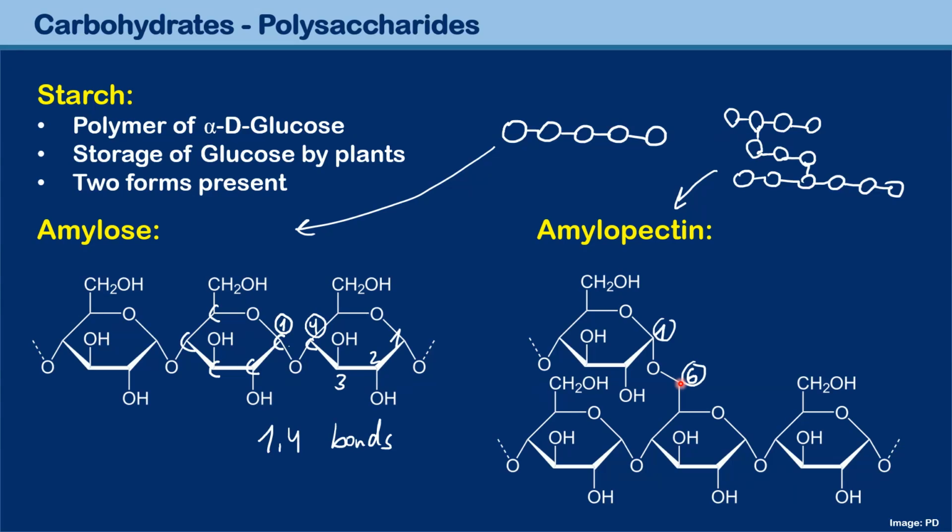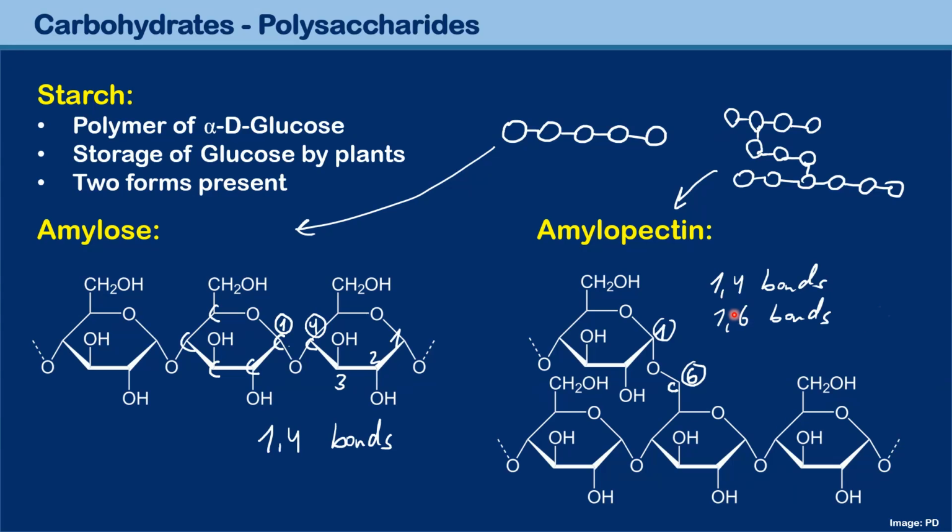So this carbon over here at the corner, not specifically mentioned, but I'm going to draw this in, this carbon over here is carbon number 6. 1, 2, 3, 4, 5, 6. And this carbon number 6 is bonded to carbon number 1 of the other glucose molecule. So we have the 1,4 bonds down here, and the 1,6 bonds up here. So amylopectin contains 1 to 4 bonds and 1 to 6 bonds.